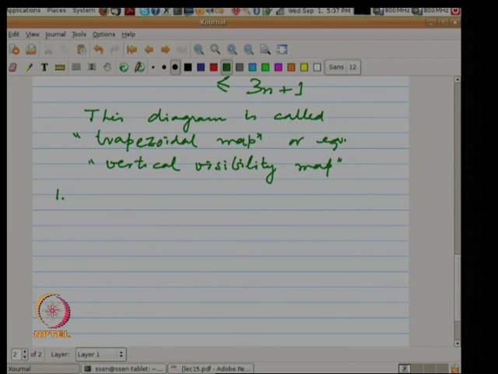So, the first question is, how can we compute the trapezoidal map efficiently?